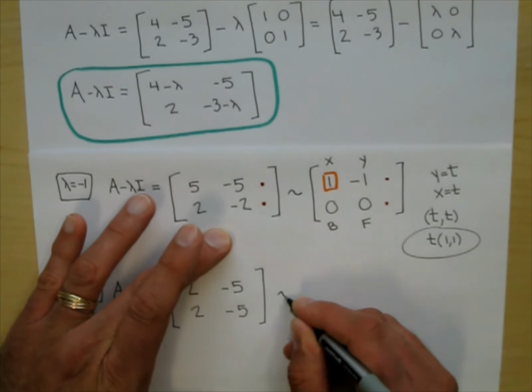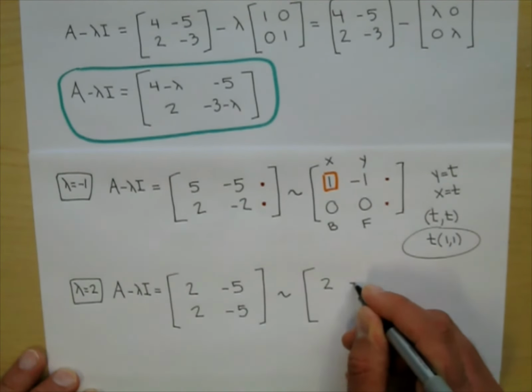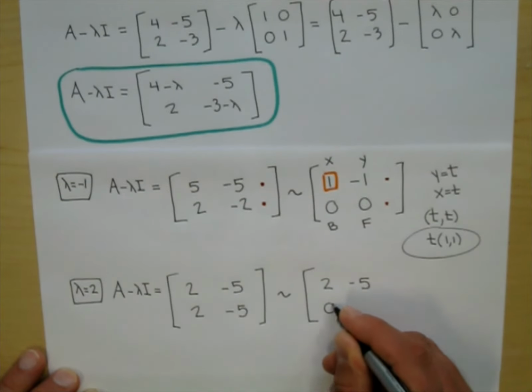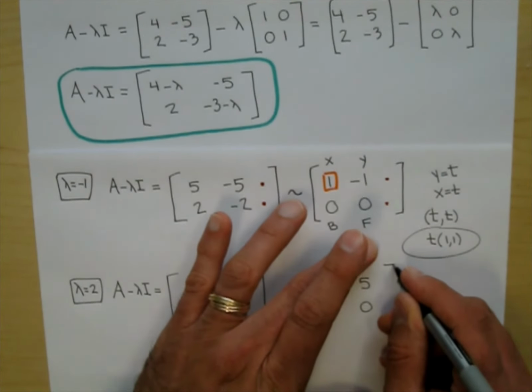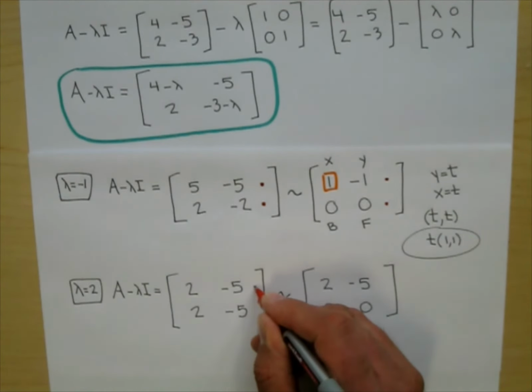I'll row reduce it, and I end up getting 2, -5, 0, 0. Now, why did I row reduce this matrix? Because I'm trying to find the null space. I'm trying to find this thing times v equals 0. So those are zeros there.